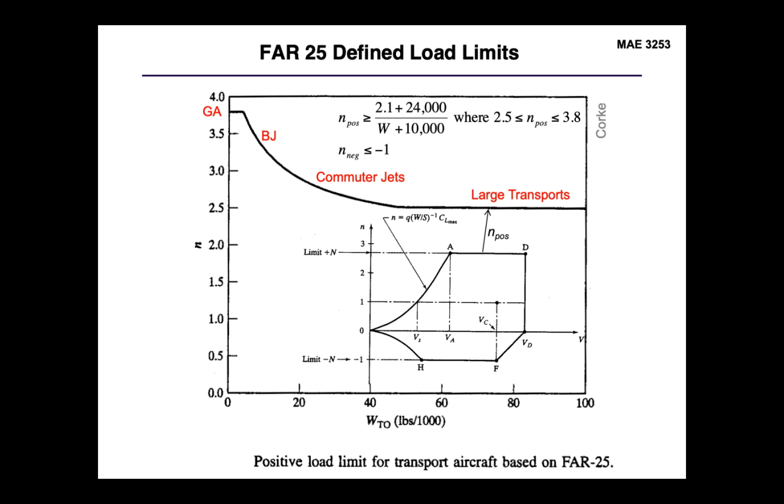So most of our large wide body transports, airlines, are going to be designed with a maximum load factor of 2.5. Again, that may not sound like a lot, but if you think about it from the design standpoint, that means that your aircraft has to be able to withstand 2.5 times the maximum takeoff weight that you're designing your aircraft for.